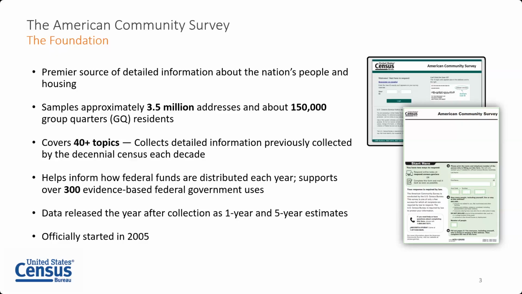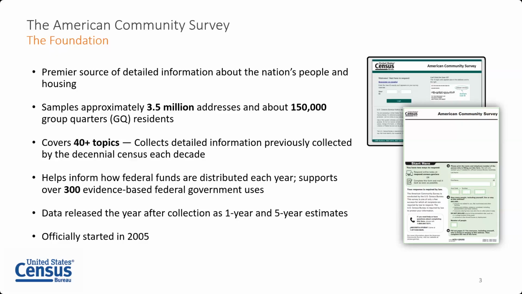The estimates cover more than 40 topics. The ACS collects this detailed information each year that was previously collected by the decennial census each decade. Information from the ACS generates data that help inform how trillions of dollars in federal funds are distributed each year, supporting more than 300 known federal uses and countless non-federal uses.